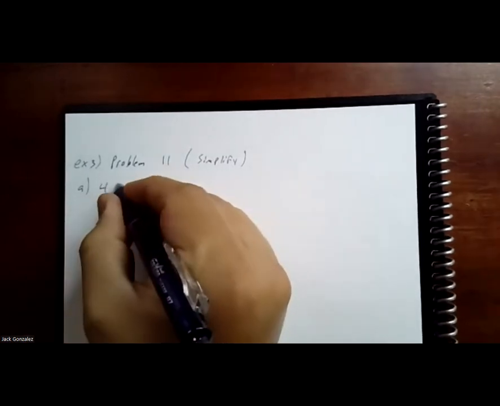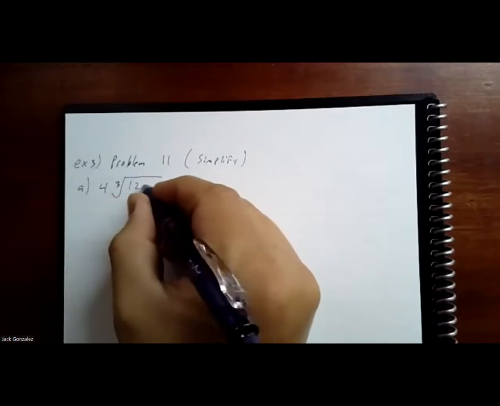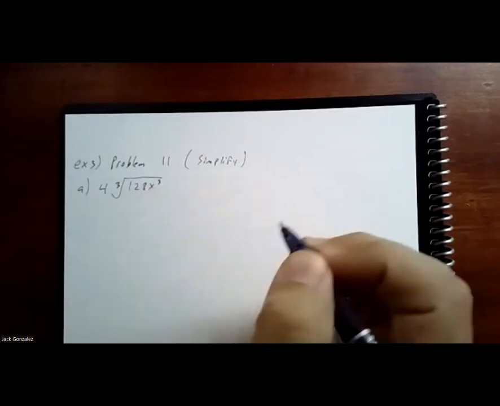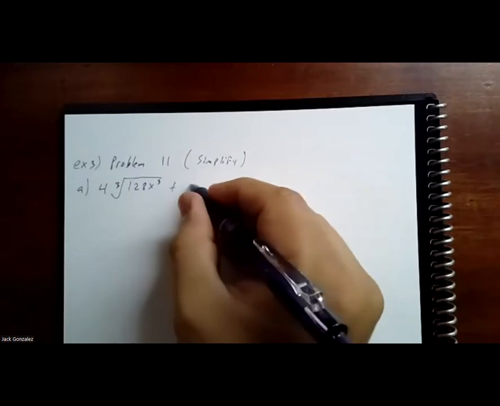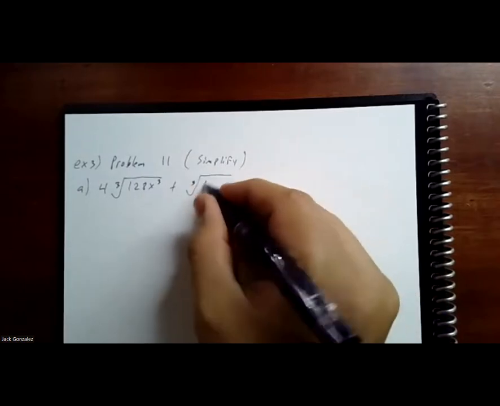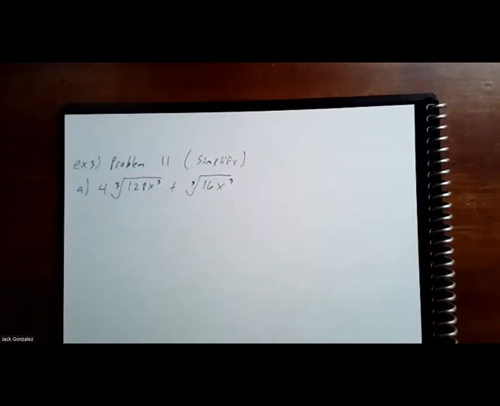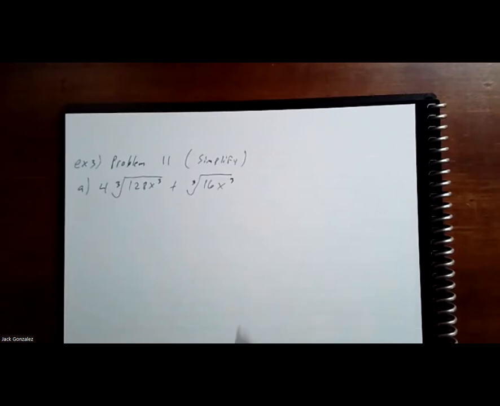So 4 times the cube root of 128x cubed plus the cube root of 16x cubed. Okay. So these are cubes, by the way.